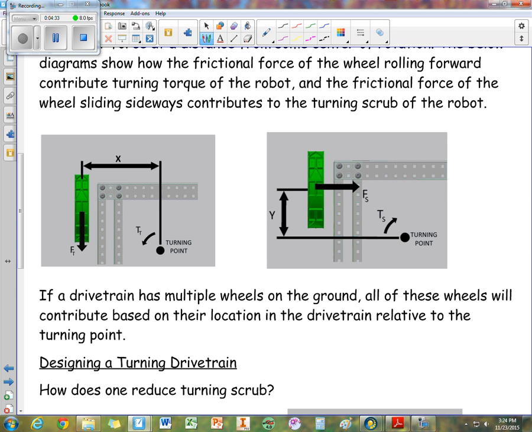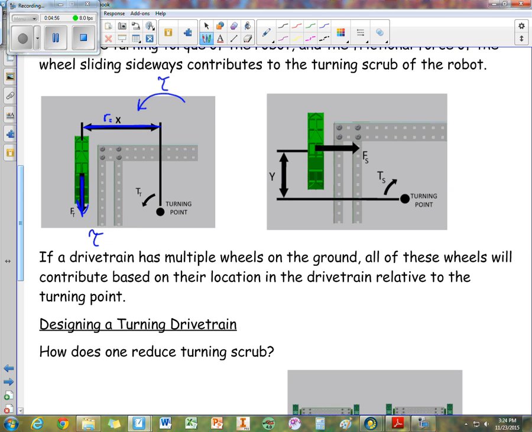The robot's trying to turn counterclockwise. Here we have our force from the motors, and then this distance right here is our lever arm distance. It's called x here. So this torque would equal this force times x. Notice that they're nice and perpendicular.